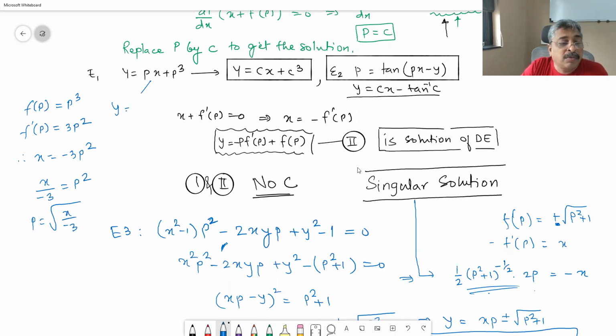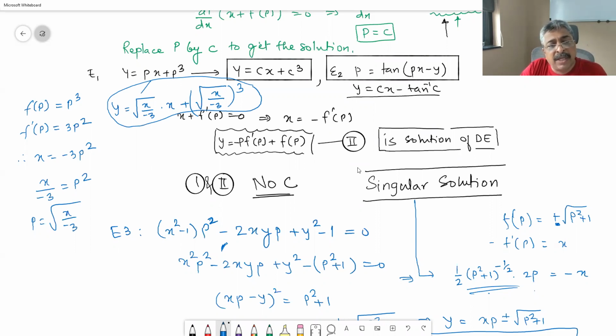So y is equal to radical x upon minus 3 times x plus radical x upon minus 3 raised to 3. This is going to be the solution of the first differential equation, but it is a little difficult to imagine what this kind of solution means to us.